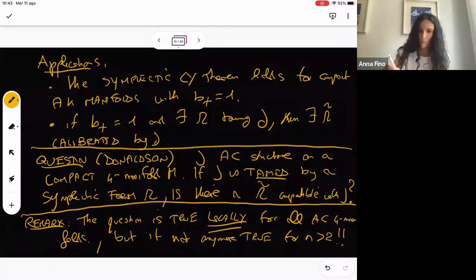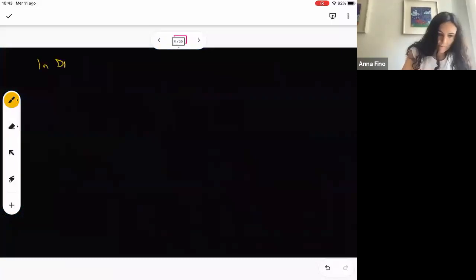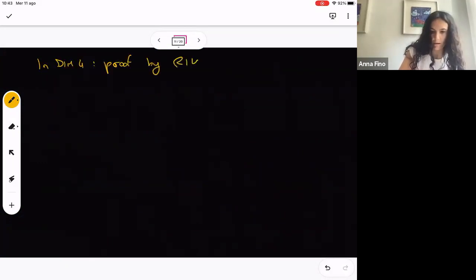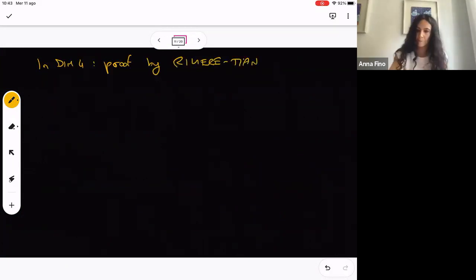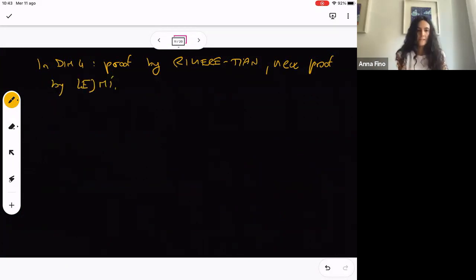In dimension 4, there is a nice proof of the local property by Rivière and Tian, and there is a new proof in a paper by Lamy. I will quote this later, and this paper is more on the nearly Kähler case.